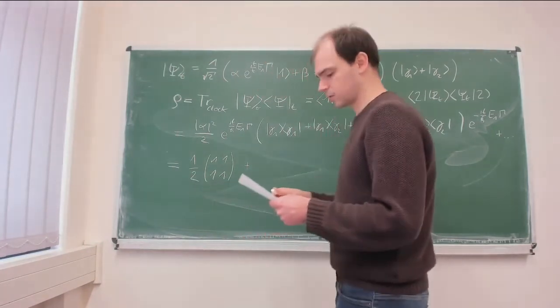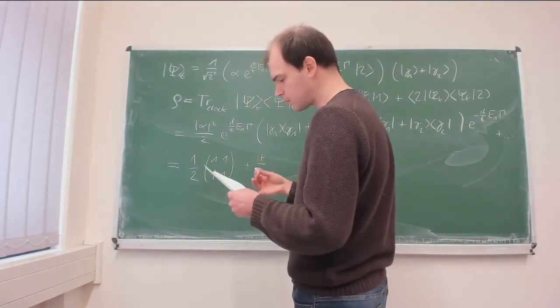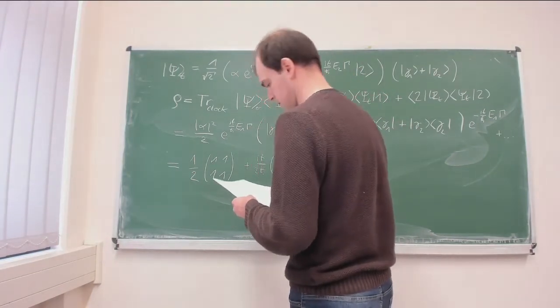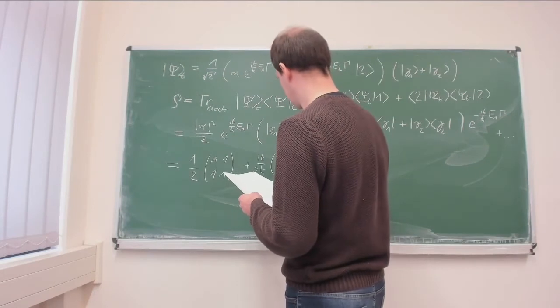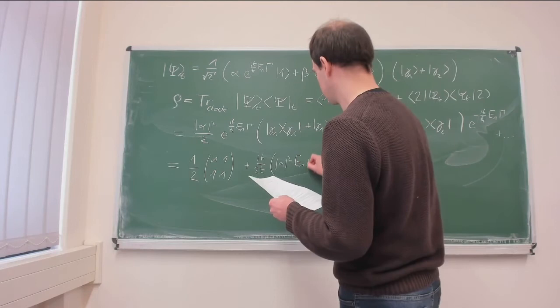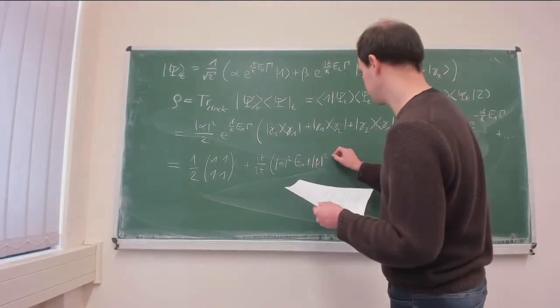And now there is a correction term which you can write as it divided by 2h bar, then we have alpha squared E1 plus beta squared E2.